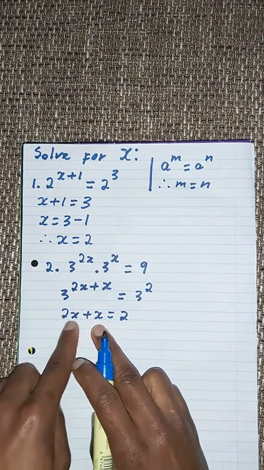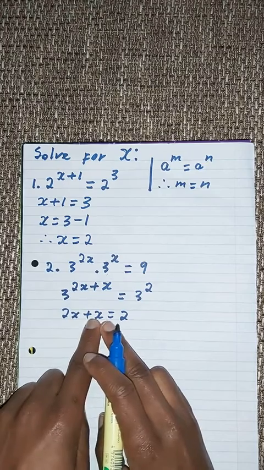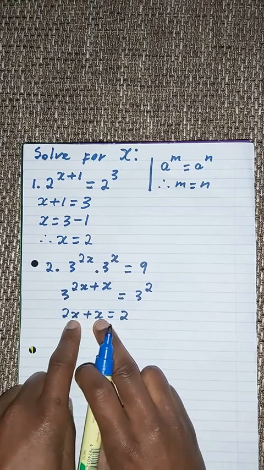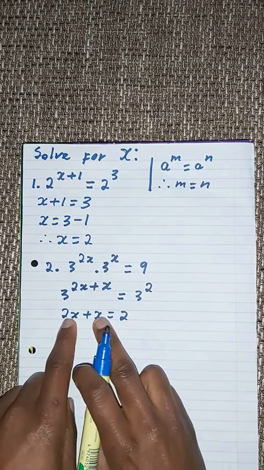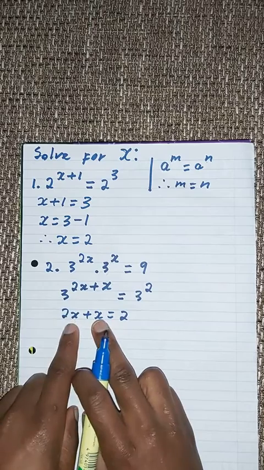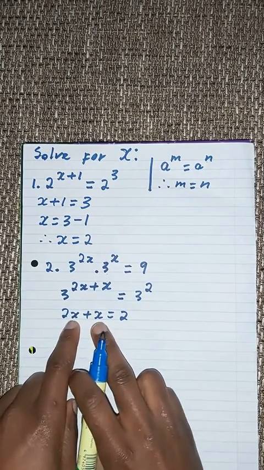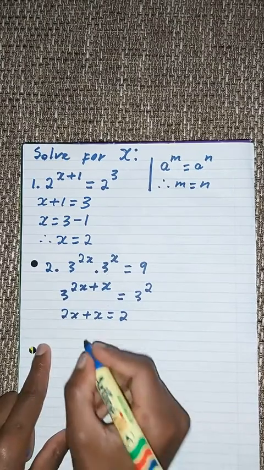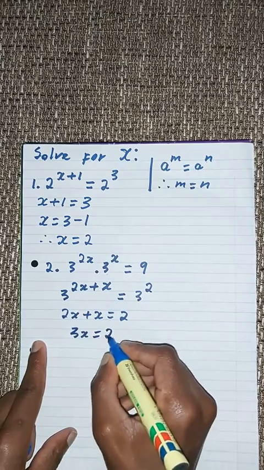Because the coefficient of this x and the coefficient of this x share a similar variable. These two terms are actually like terms. So I'm going to add them with each other, right? I'm going to say 2x plus 1x, and I will get 3x is equal to 2.